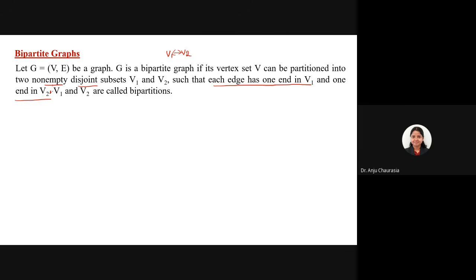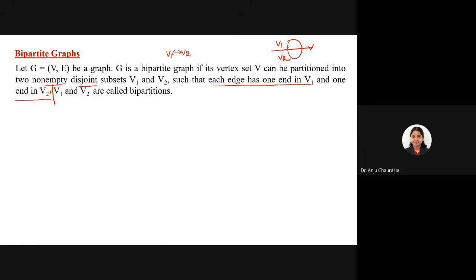Okay, try to understand. G is a bipartite graph if its vertex set V can be partitioned into two non-empty disjoint subsets V1 and V2. So उसको two part में divide करना है such that each edge has one end in V1 and one end in V2.